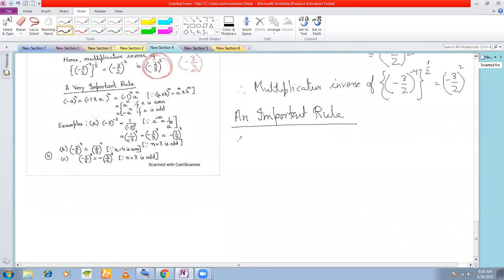The rule is that if I have a negative base and I raise it to a certain power, say n, then I want to take this minus sign out of the bracket. How will I take it out? That will depend on whether n is even or odd. You have to check whether n is even or odd. Then only you can take this negative sign outside.